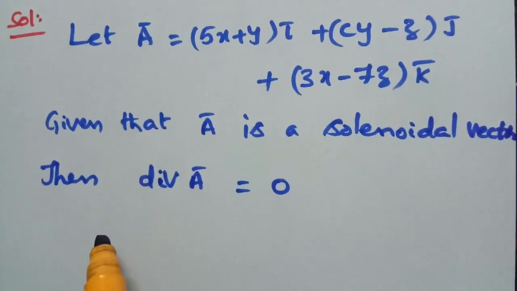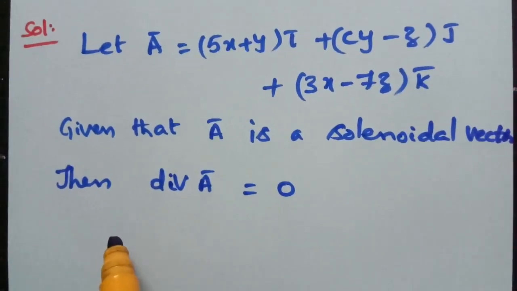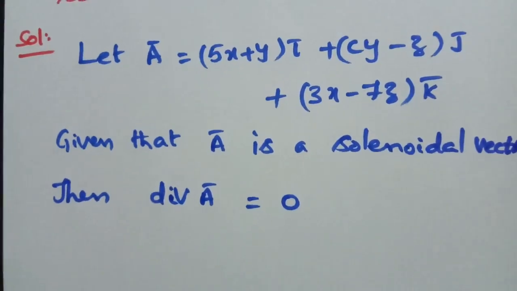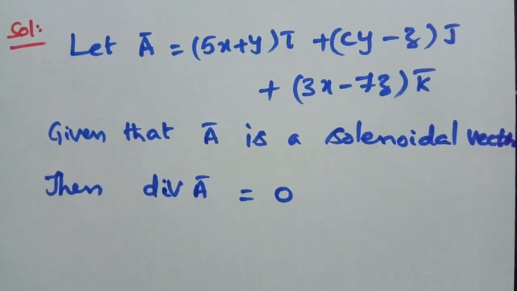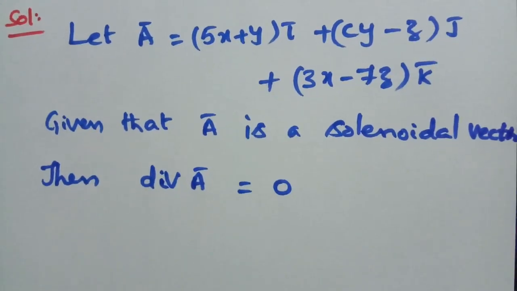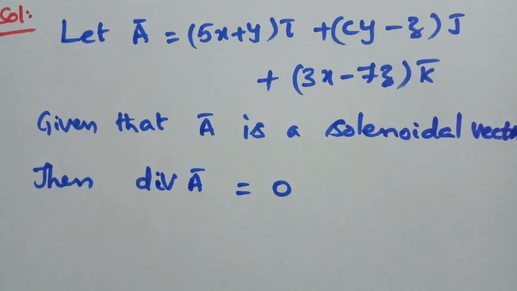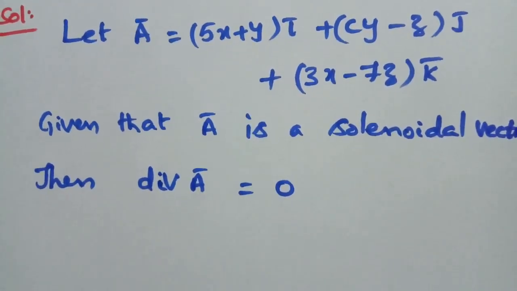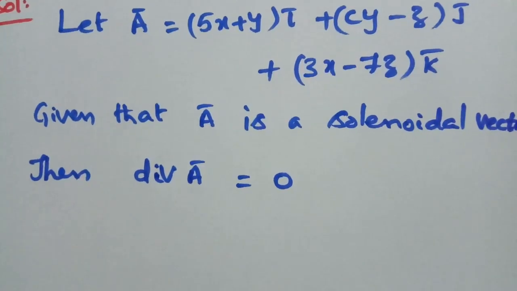We already explained that if f bar is equal to f1 i bar plus f2 j bar plus f3 k bar, then div f bar is equal to dou by dou x of f1 plus dou by dou y of f2 plus dou by dou z of f3.